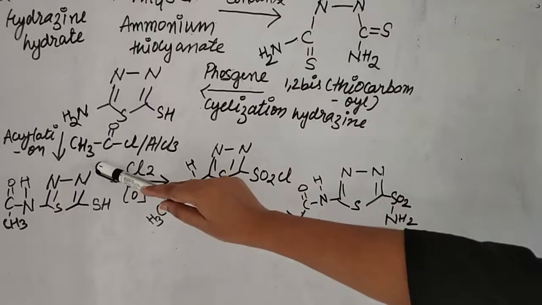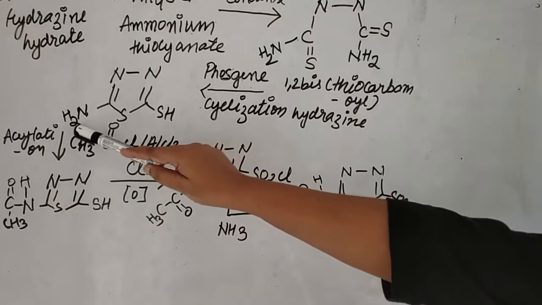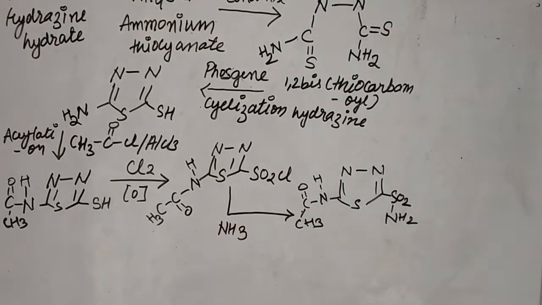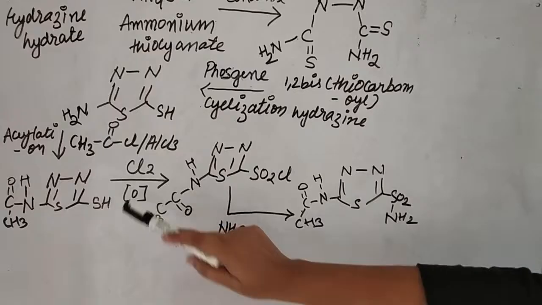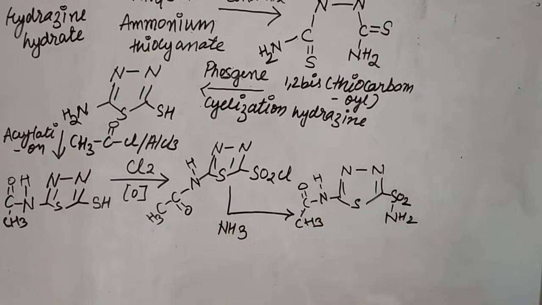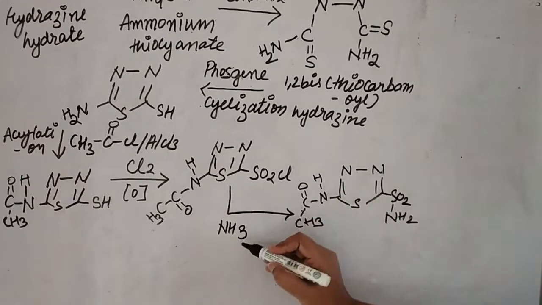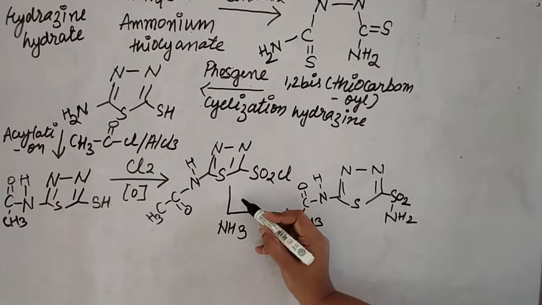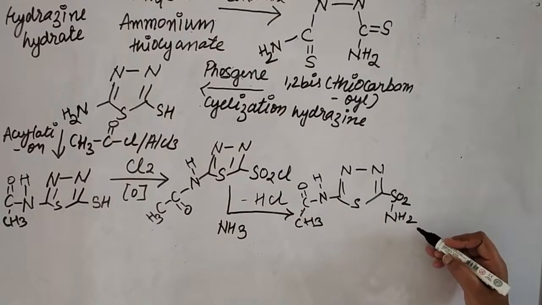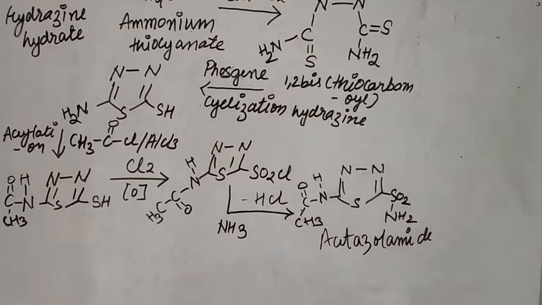After that, an acylation process will take place, and an acetyl group will be added in place of one of the NH2 groups. Then chlorination takes place, and the SH thiol group will convert to SO2Cl, and then the amination process, where Cl and one hydrogen are eliminated as HCl and SO2NH2 will form. So this is the structure of acetazolamide. Here you can see the synthesis of it.